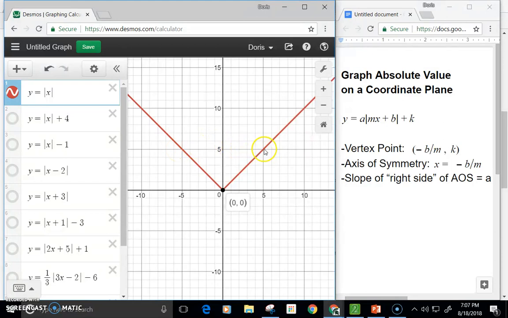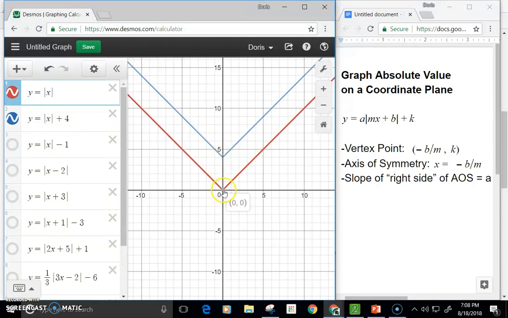These sets of points are equidistant to this y-axis. The reason that that's true is that this vertical line that goes through the vertex point is called the axis of symmetry for this graph. We'll talk about that a little bit more, but the axis of symmetry is always a vertical line that goes through the vertex point.